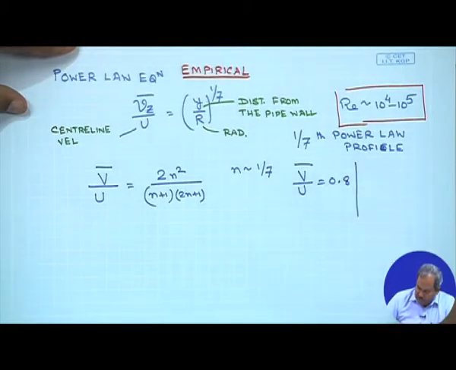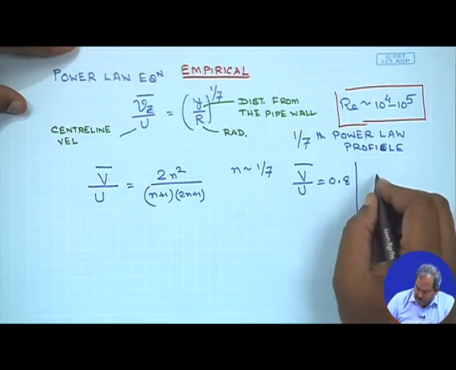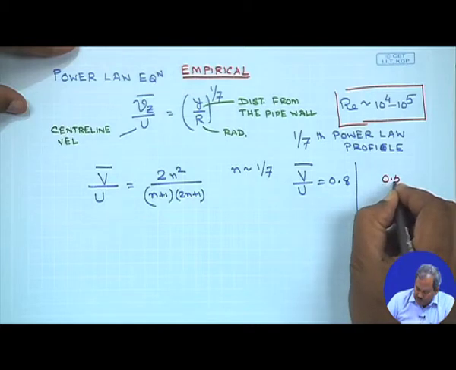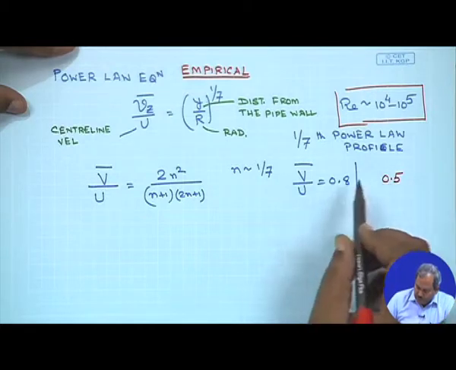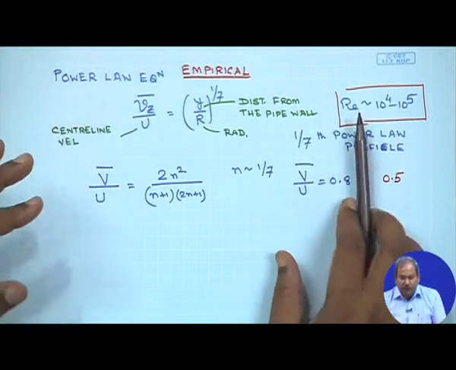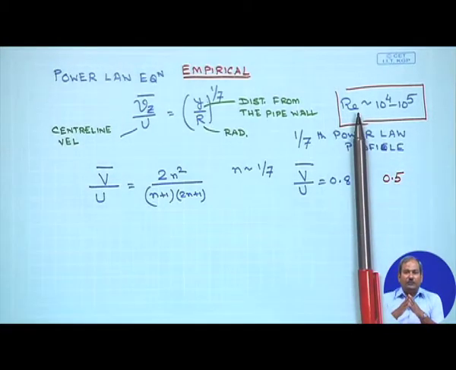Compare this with the case of laminar flow, where this constant is equal to 0.5. So, compared to a laminar velocity profile, the profile in turbulent flow is going to be flatter near the center. For laminar flow, the velocity profile is parabolic in nature, and for turbulent flow, it is going to be flat at the center.